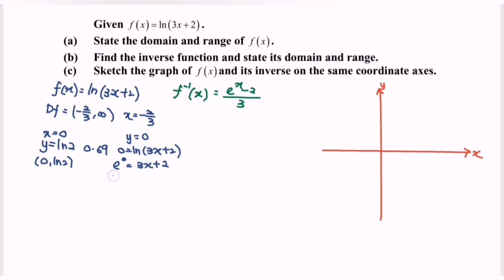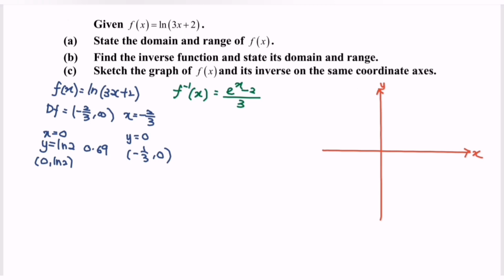So we have (1 - 2)/3 = x. So the value of x will be negative 1/3. So the point of intersection will be (negative 1/3, 0).